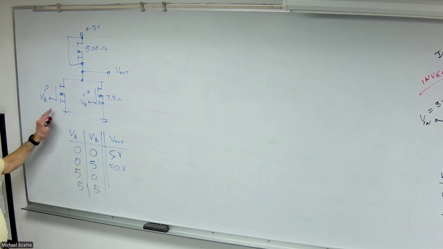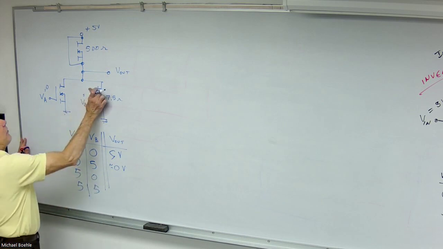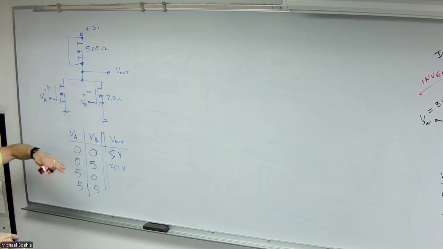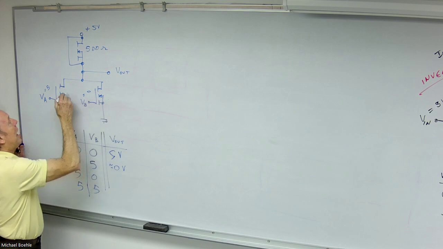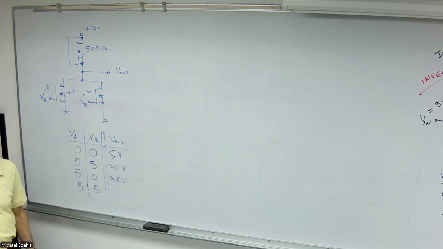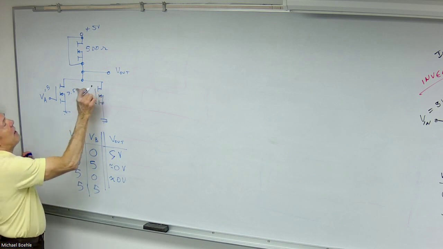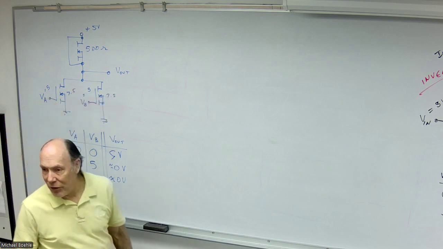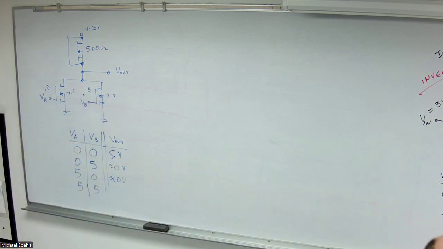If I just reverse that, so now VB is 0 and VA is 5, now this one's open and this is 7.5 and I get the same thing. Pretty close to 0. And if both of them are on, now I have 2 7.5 ohm resistors in parallel. Gives me what?